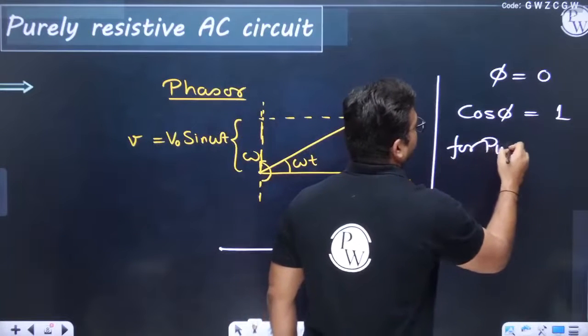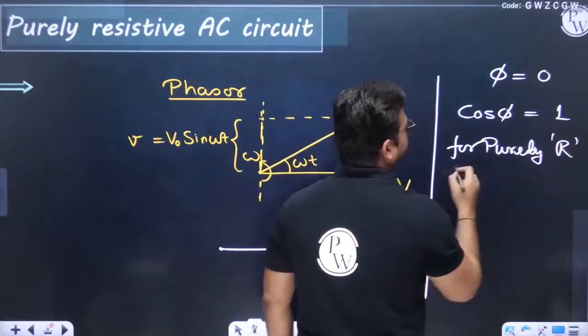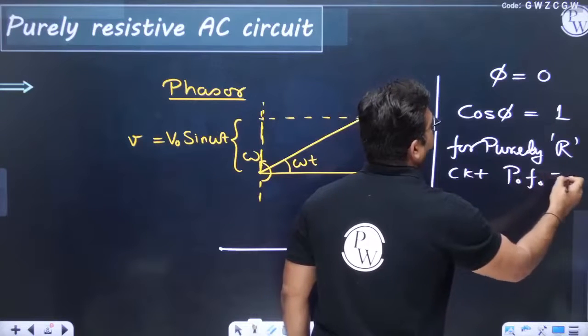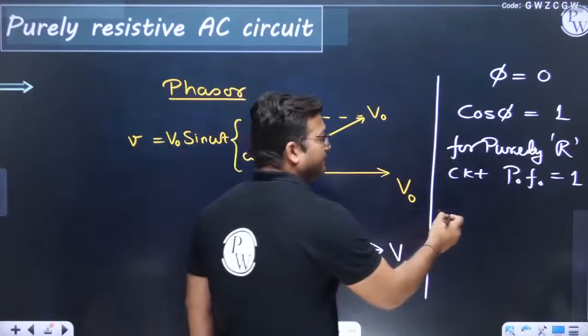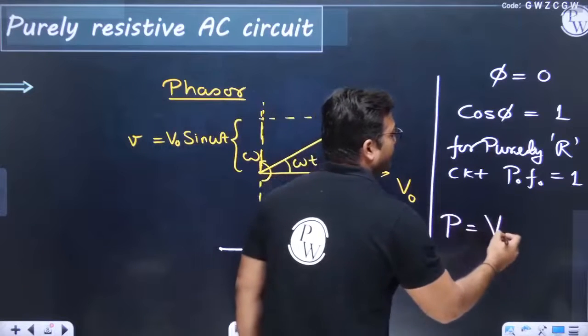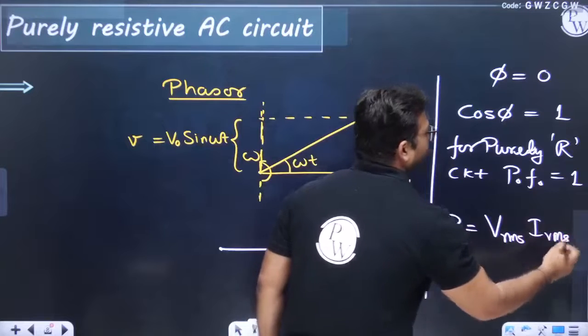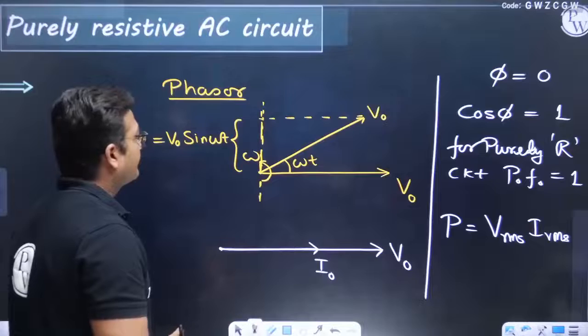For a purely resistive circuit, power factor is 1. Okay, and if the power factor is 1, then power becomes simply V RMS I RMS, means effective voltage times effective current.